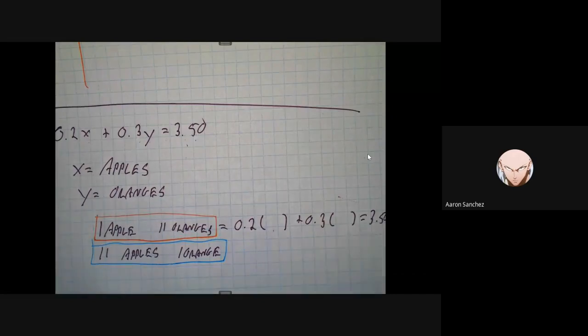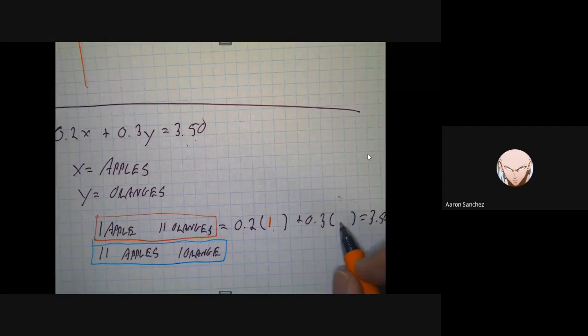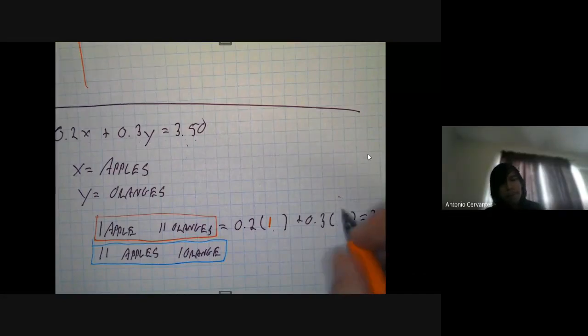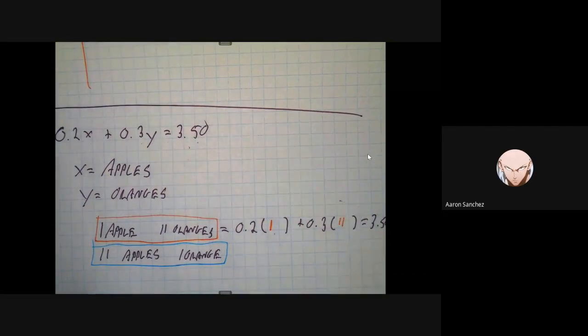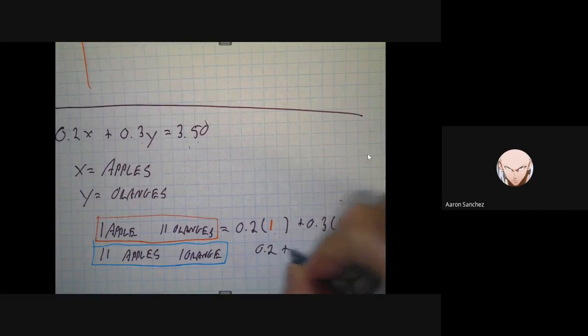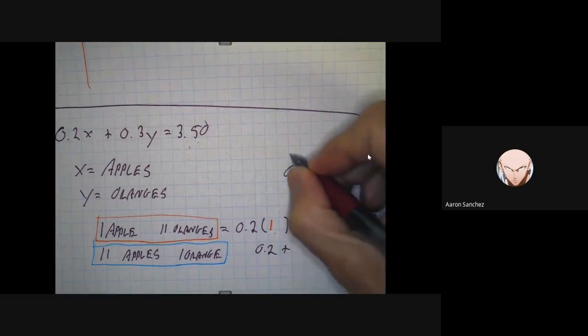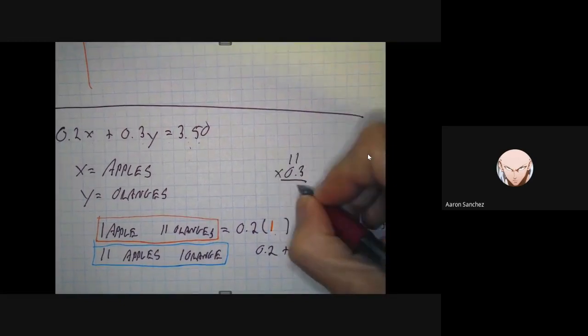So I have 1 apple. And then what should I plug in for my y for my oranges? 11. Boom. And then we want to see if they equal. So we go 0.2 times 1 is 0.2, plus 0.3 times 11, and you can do it on a calculator.